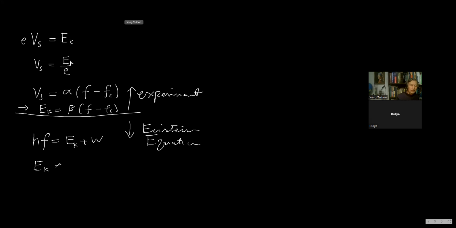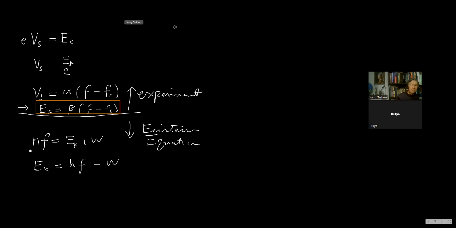So according to Einstein, that became clear. That will be equal to h multiplied by the frequency, minus W. Now, if you compare these two equations, what conclusion can we draw about this kinetic energy from experiment?